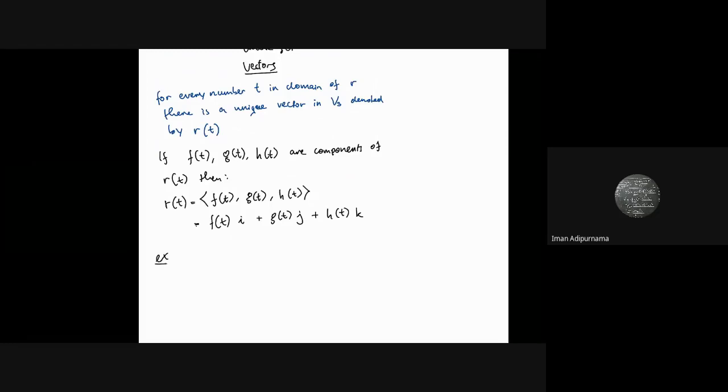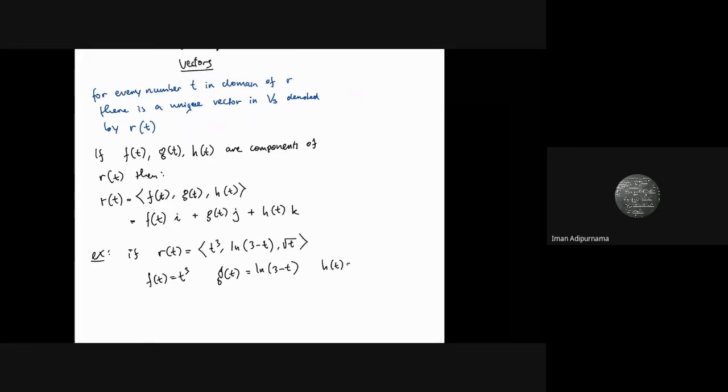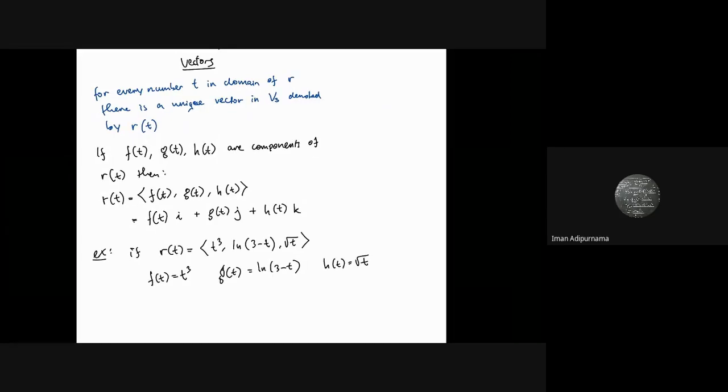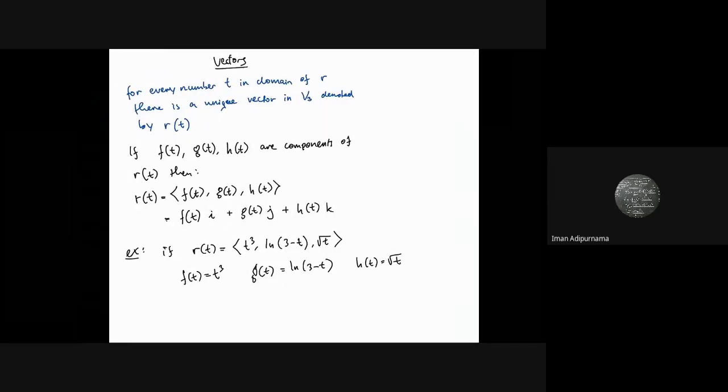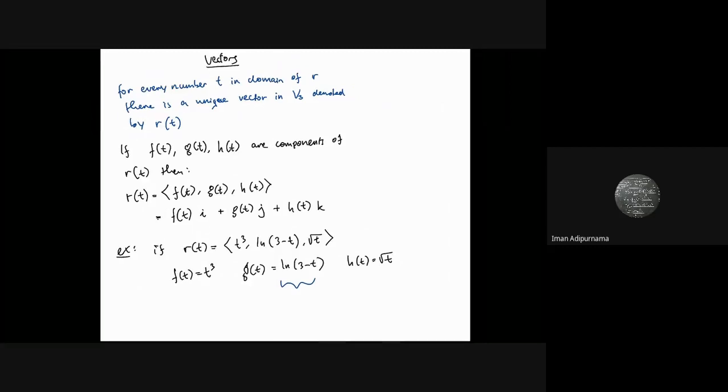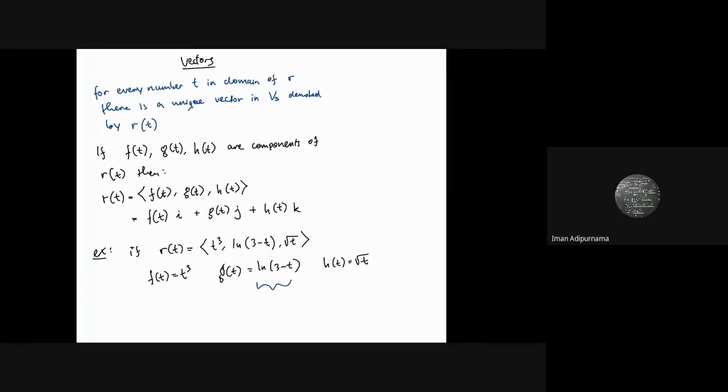So for example, if r(t) is a function whose components are f, g, h, where f(t) is t cubed, g(t) is ln(3 minus t), and h(t) is the square root of t. To check the domain, we can look at the ln because that is our restriction.